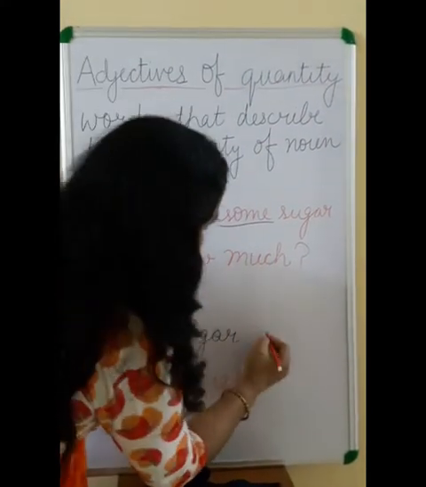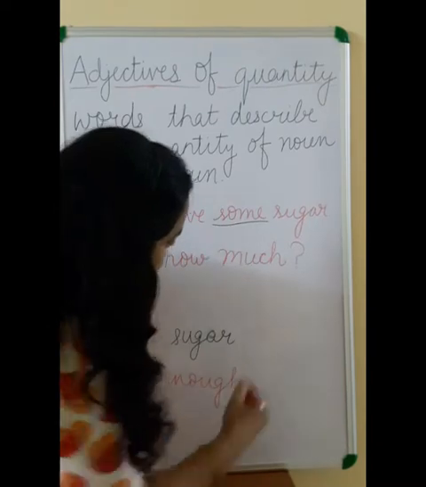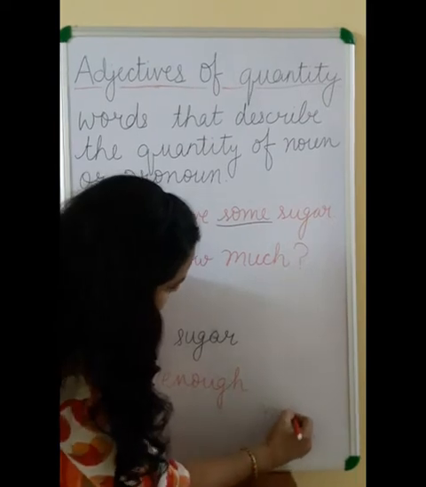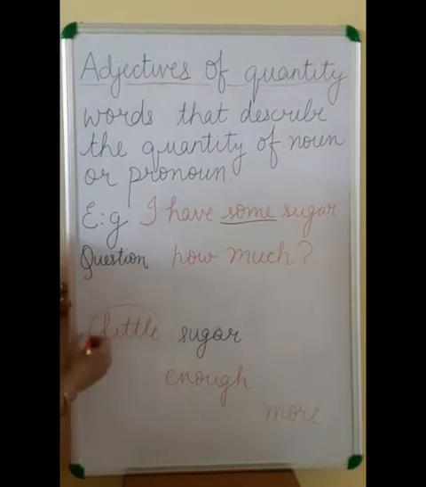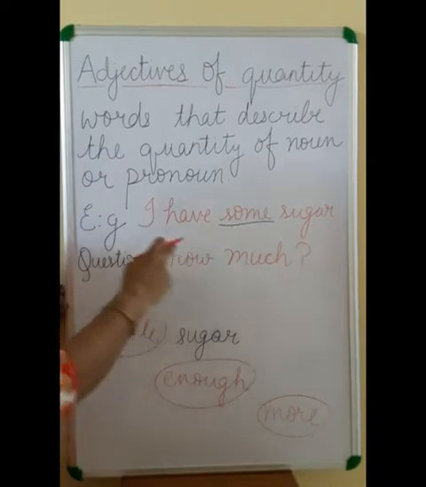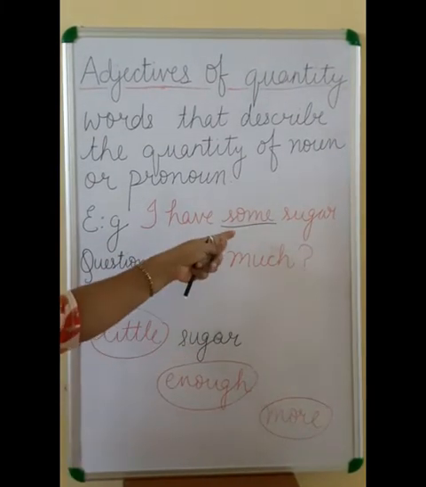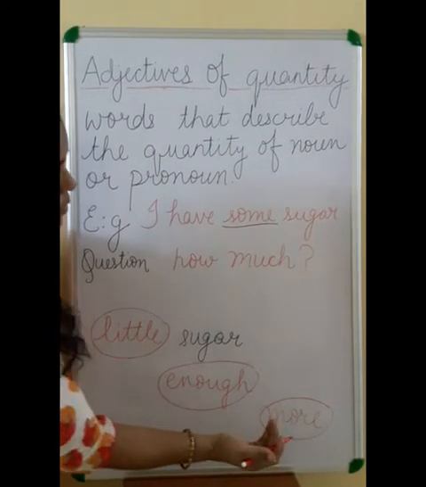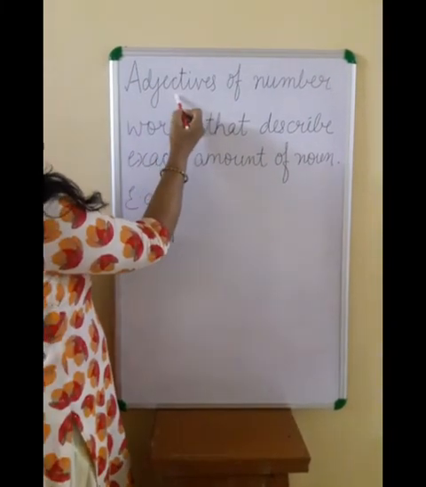So the adjectives that we use with sugar are little, enough and more. Children, you notice this adjective of quantity is not telling us the exact amount of sugar. We have some sugar, we have little sugar, we have enough sugar, we have more sugar. Got it?